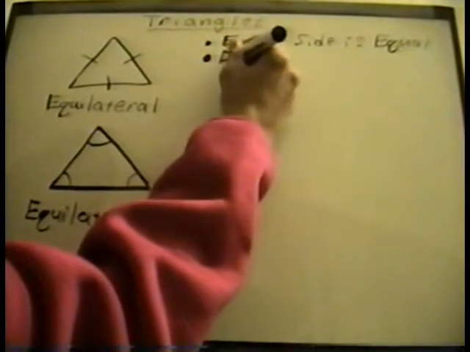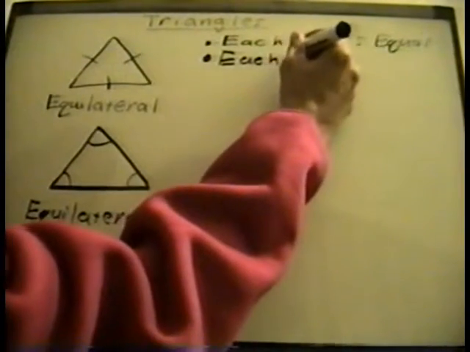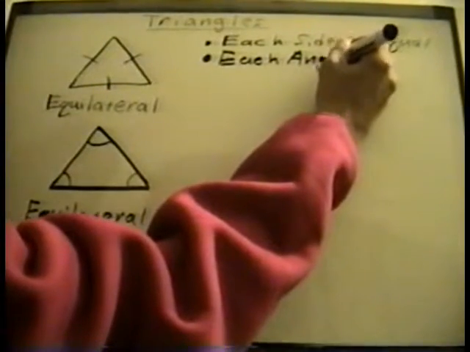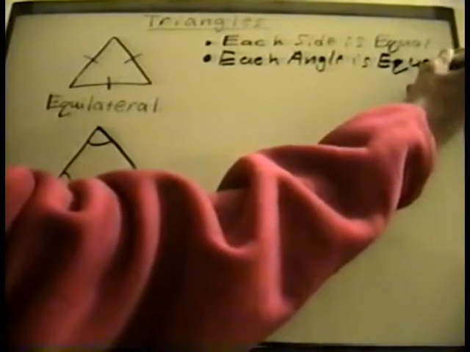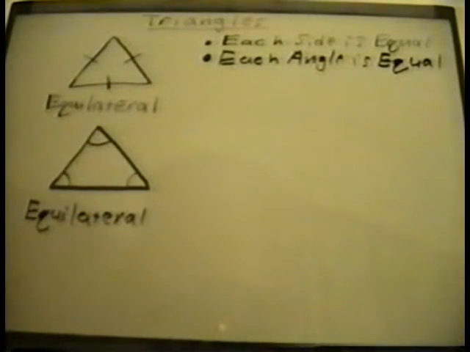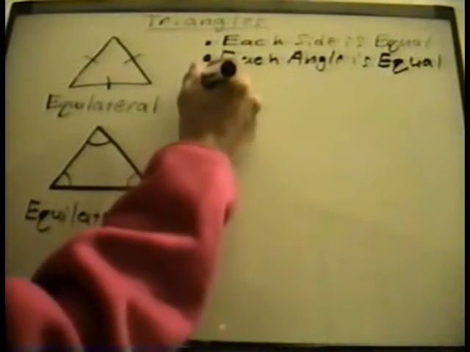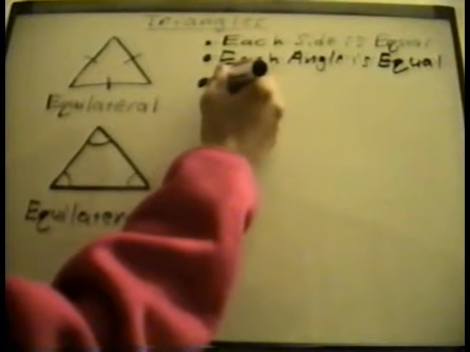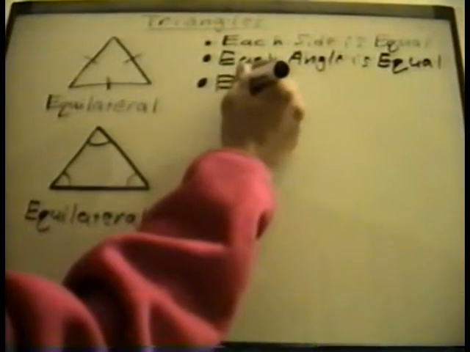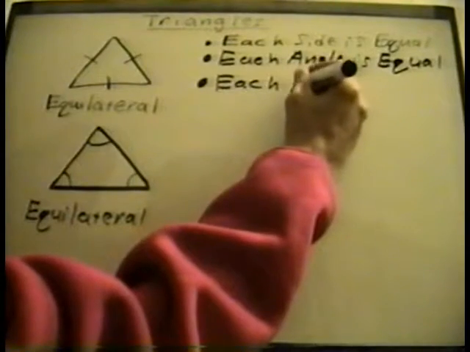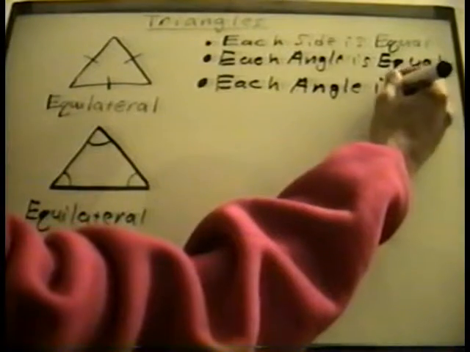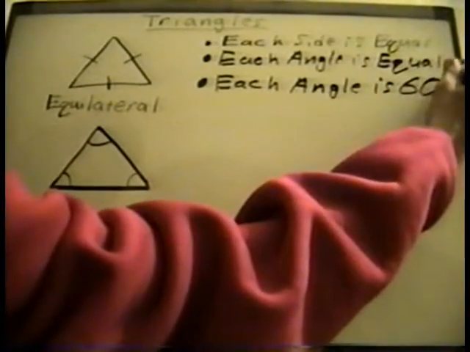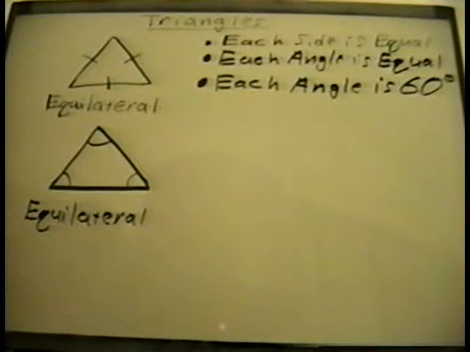And in the equilateral triangle, each angle is equal. So each angle is 60 degrees.